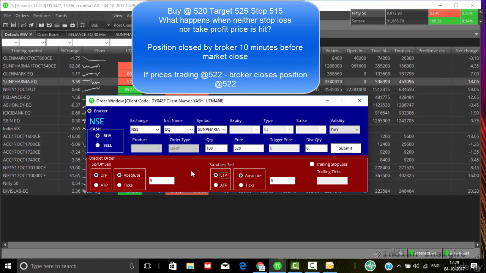So for example, let's say in this case, we entered a buy order at 520. Let's say neither your take profit nor your stop loss gets triggered. And let's say the prices are trading around 522 just 10 minutes before closing. Then in this case, the broker will close the position at 522. So basically, once you have entered the trade using bracket order, there is nothing else you need to do, and your broker is going to manage the entire trade from here on.